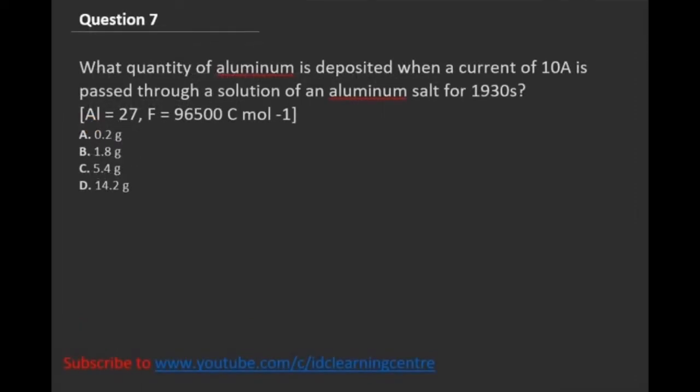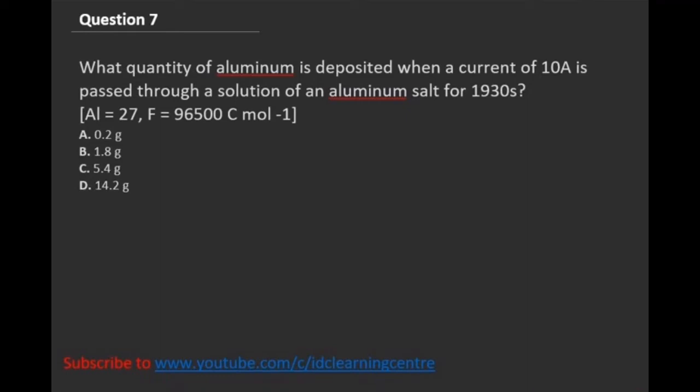Yes. Question number 7. It says, what quantity of aluminum is deposited when a current of 10 ampere is passed through a solution of an aluminum salt for 1930 seconds? So the relative atomic mass of aluminum given to us in the question is 27. The Faraday constant is 96,500 coulomb.